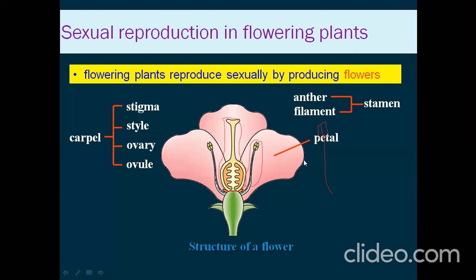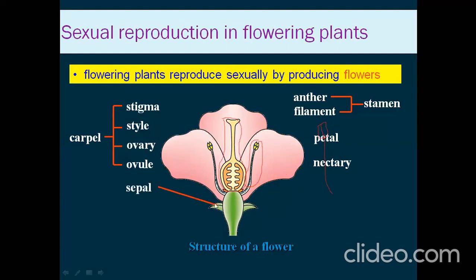Now these colorful leaves of the flower are called petals, which attract insects for pollination. This is called nectar. It is a special gland that produces a sugary substance to attract insects for pollination. Okay.